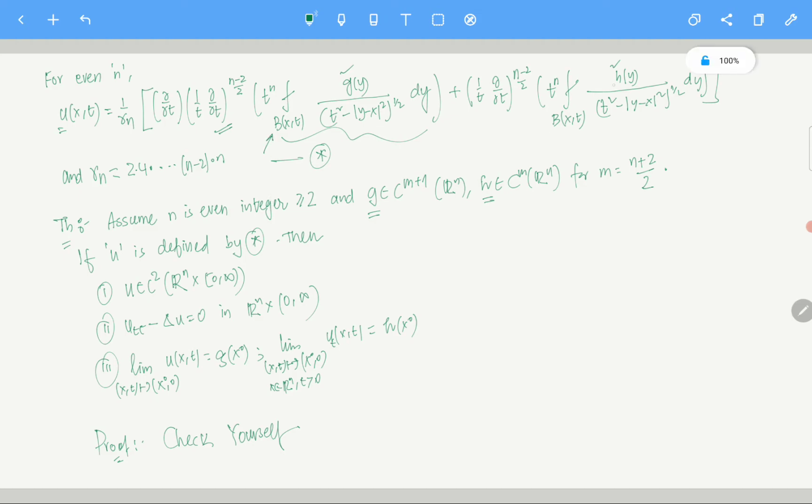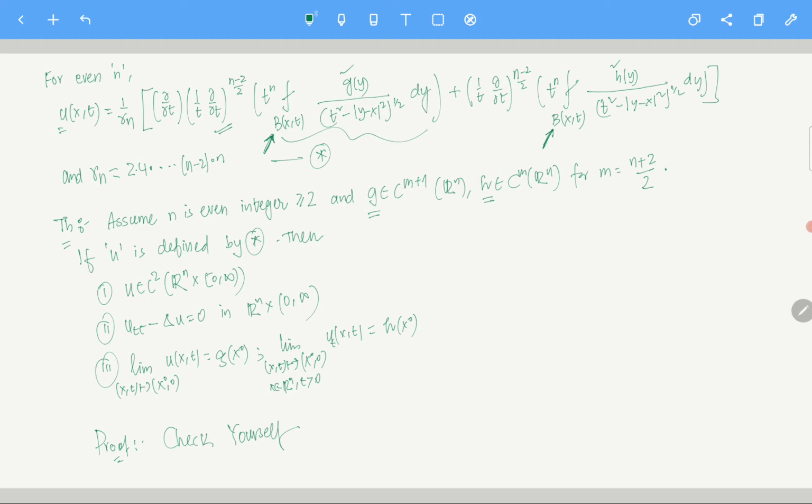Again, you have to know what h does in the whole ball B(x, t). This does not seem much, but this is very important. If you want to find the solution, you need the information on g and h. What are g and h? Those are initial data. So you need the information on initial data in the whole ball B(x, t).